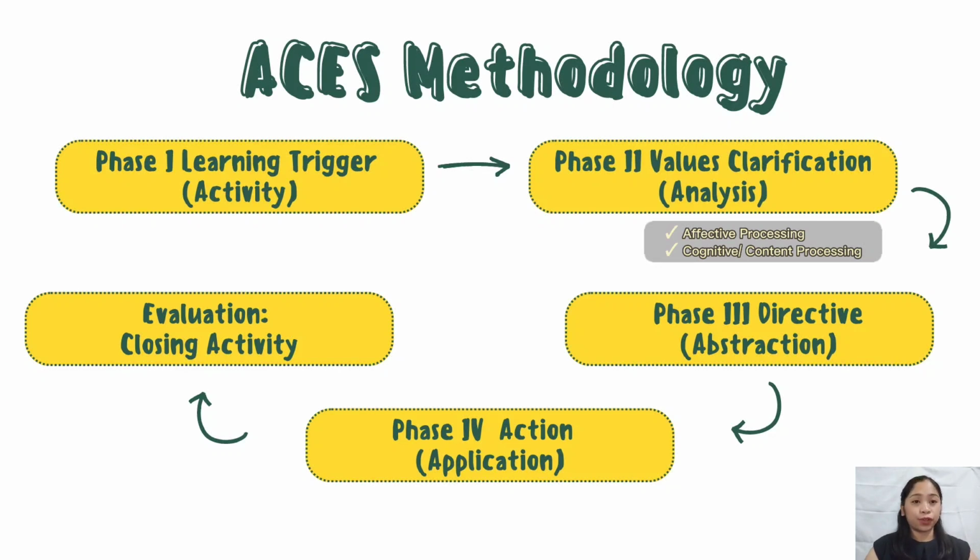Now, let us have first the affective processing. It involves personal reflections and insights which become part of the learner's affective development. And the cognitive or content processing is a cognitive analysis of the experience which is done through eliciting information and studying the content and concepts relevant to the lesson.